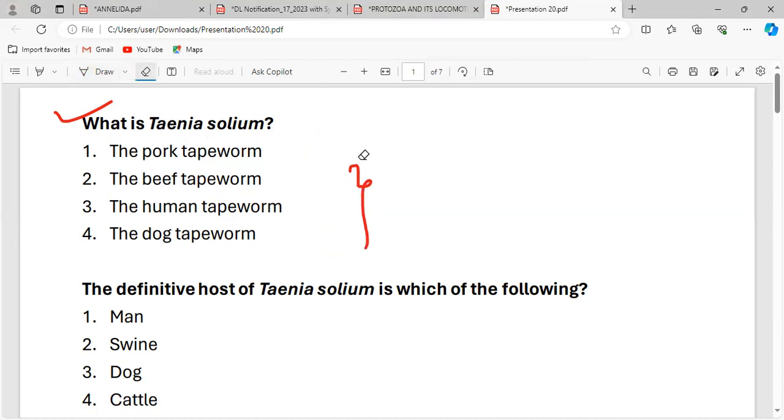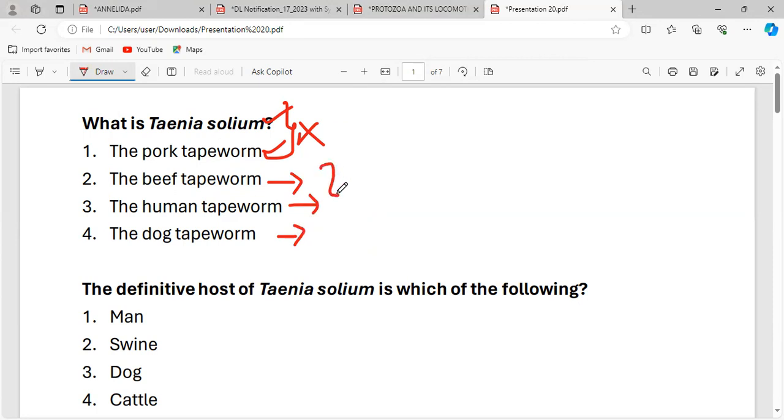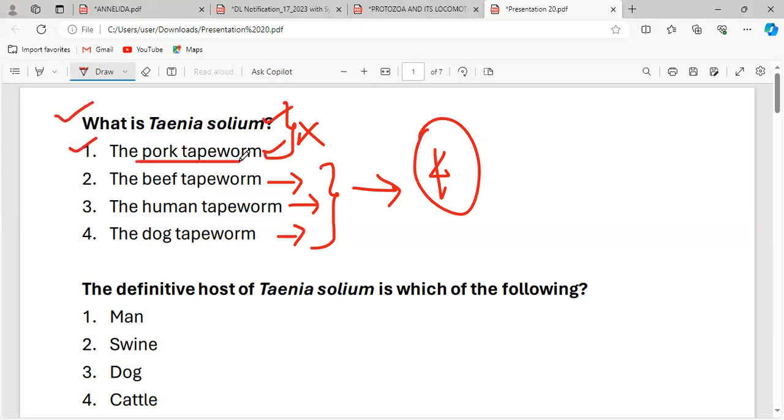This is how you have to solve the question. Just answering this particular question is not sufficient for us. The question can also be asked from this option, or from that. So you have to analyze all the four options and then you are ready for four different questions. If you answer this question and pork tapeworm is the answer, you are ready for only one question.